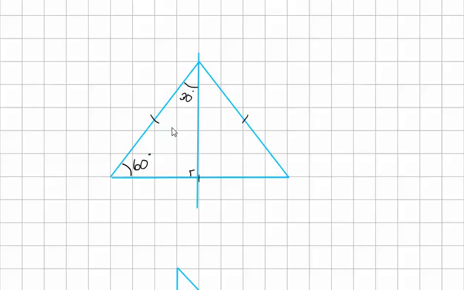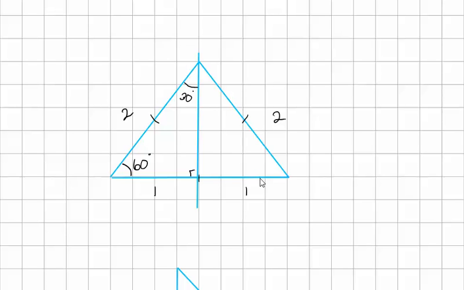I'm going to give you the easiest case scenario, where the length of the side is 2 units, which makes, when I've cut it in half, 1 and 1.